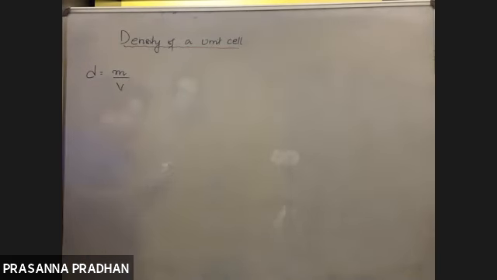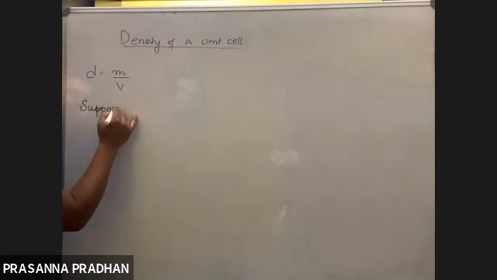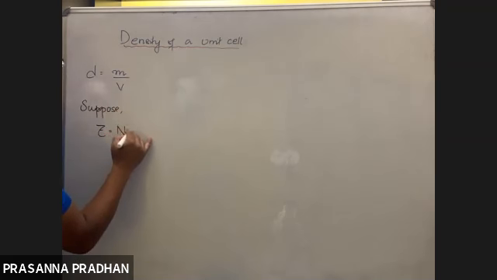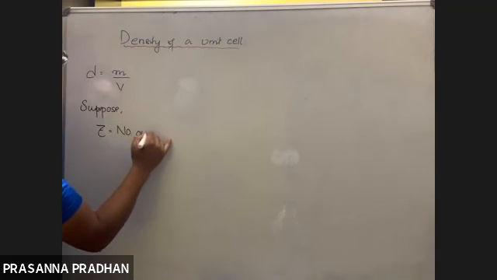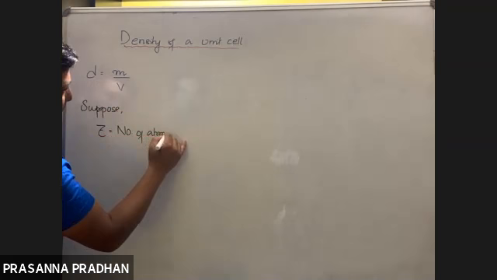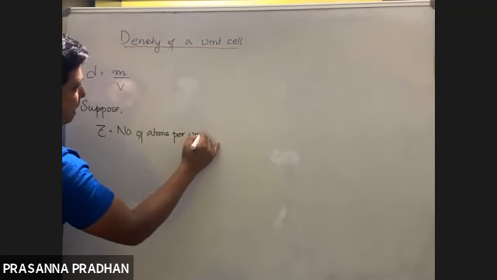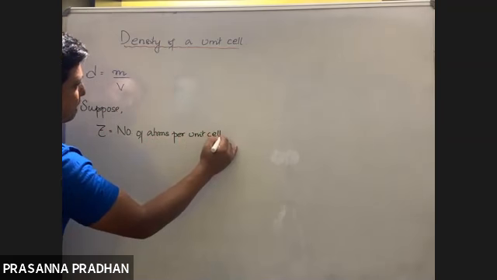Now, let us suppose, what does this Z indicate, guys? It indicates, as discussed previously, the number of atoms per unit cell.